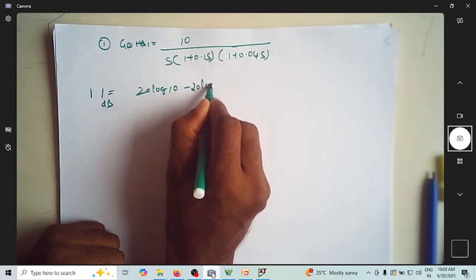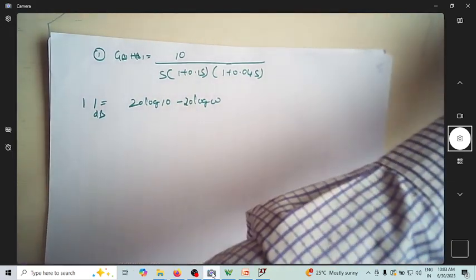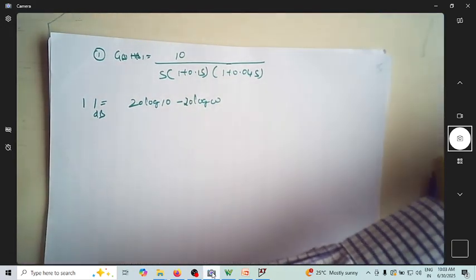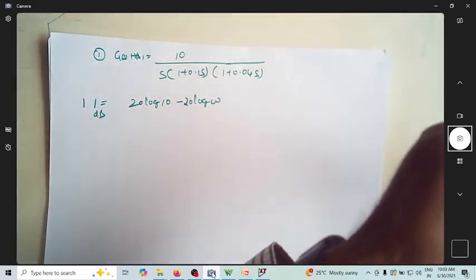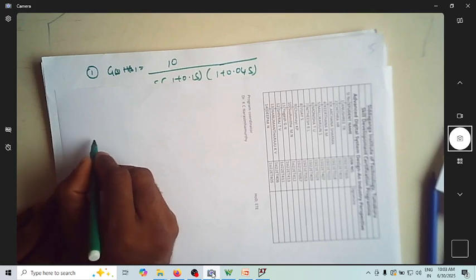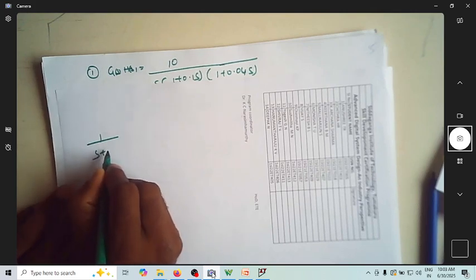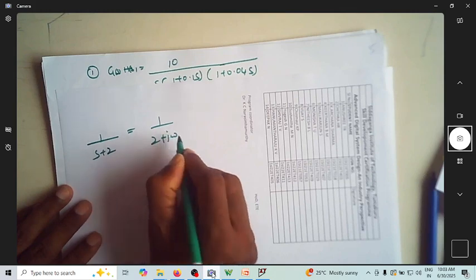And let me also explain how I find the magnitude of a certain value in terms of dBs. If I have 1 over s plus 2, can I write it as 2 plus j omega?